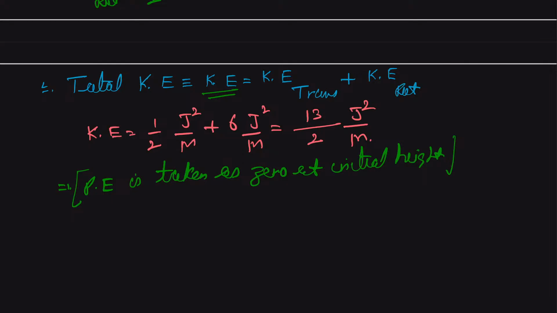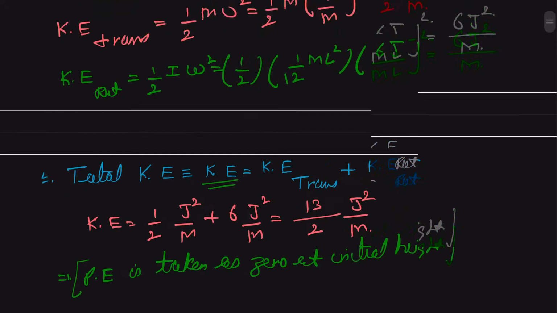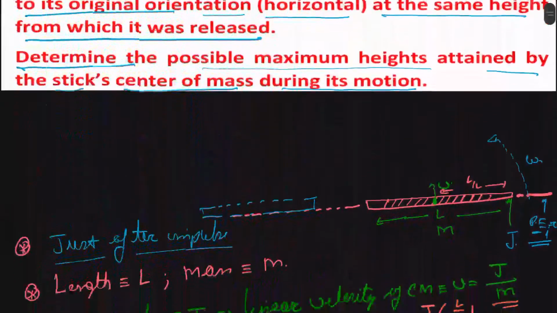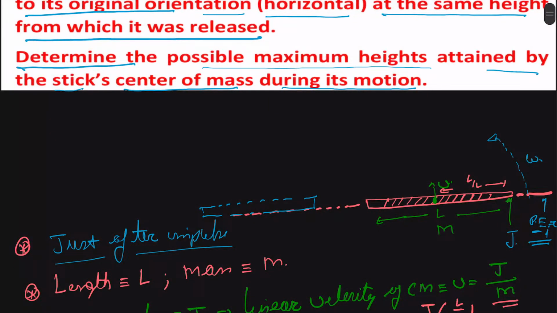And now we come to the maximum height, and the maximum height will be of our center of mass. The center of mass will be traveling something like a projectile, following this path, and somewhere here it is going to have a maximum height.